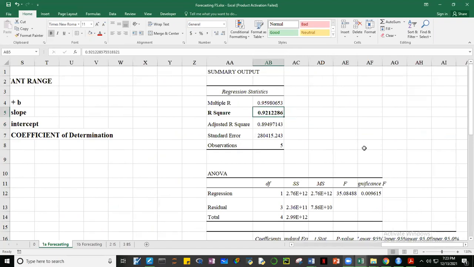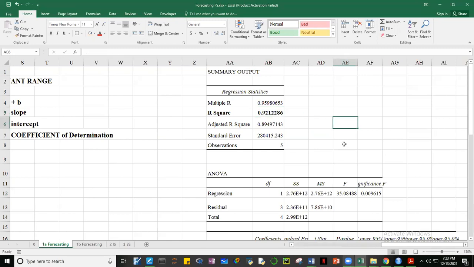It means that your independent variable X, your time, can explain the variability of your sales, 92%. Yung 8-something%, yung around 8%, hindi niya kaya.